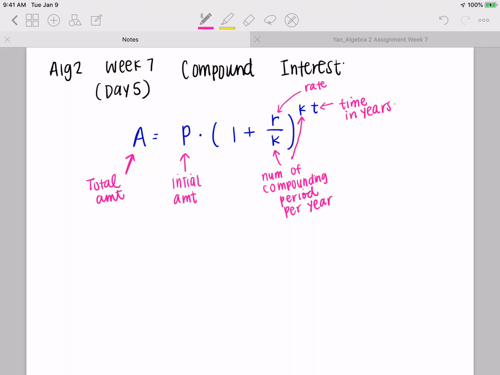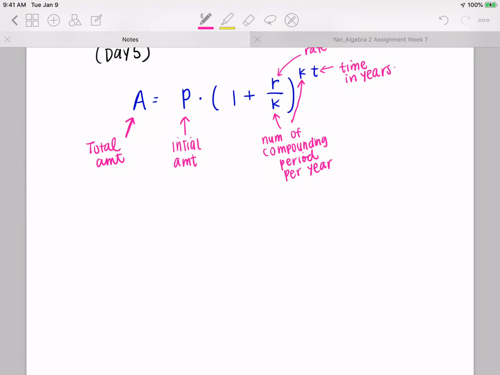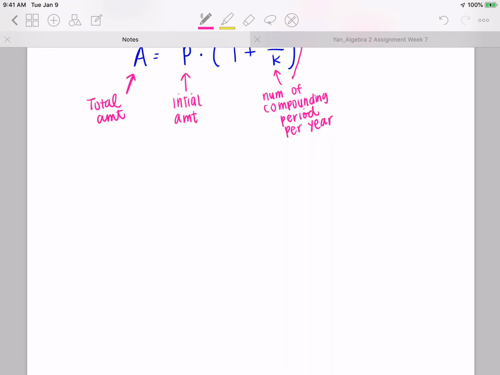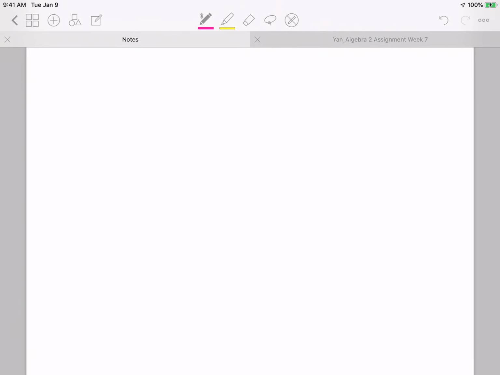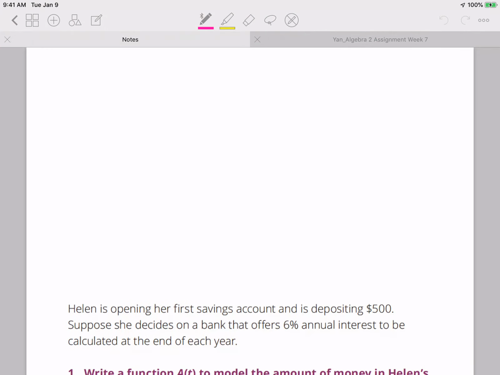And if they are doing this monthly, then they're breaking it into 12 months. And if they're doing it quarterly, then it would be by quarter, which is 4. We'll talk about this in a little bit on the next page, but I'm going to talk about an example real quick.